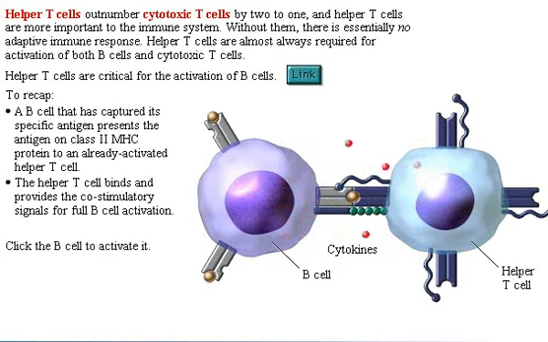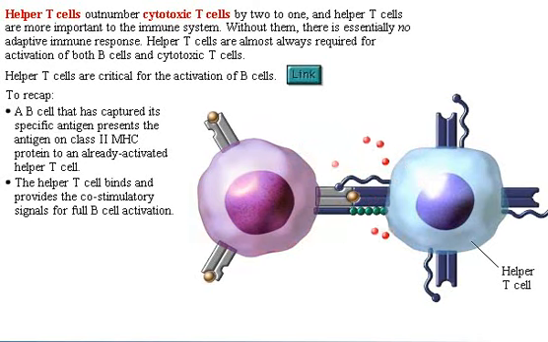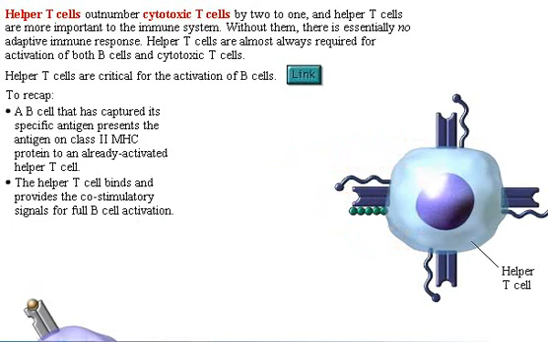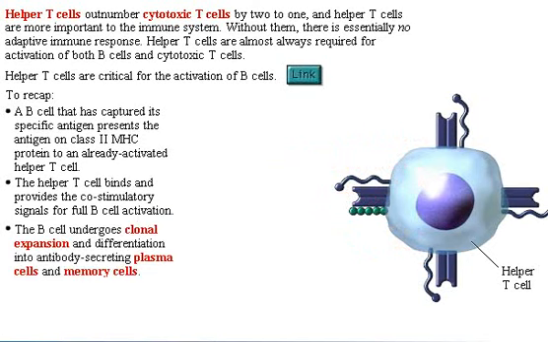Click the B cell to activate it. The B cell then undergoes clonal expansion and differentiation into antibody-secreting plasma cells and memory cells. Click the helper T cell to see how it helps activate cytotoxic T cells.